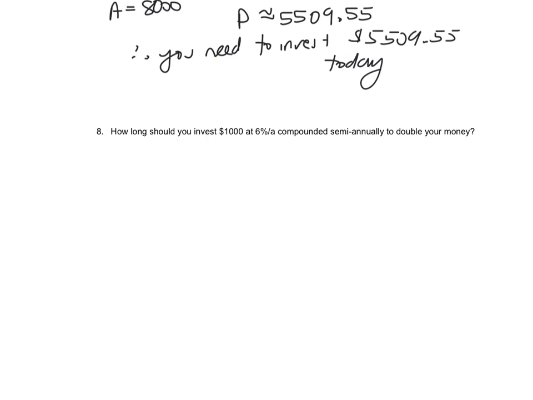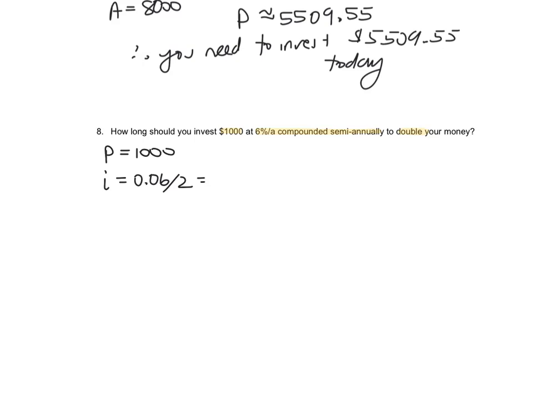Okay, last one. How long should you invest $1,000 at 6% per annum compounded semi-annually to double your money? So I see the word compound. So I know my principal is 1,000. I know that my interest is going to be 0.06 divided by 2 because it's semi-annually.